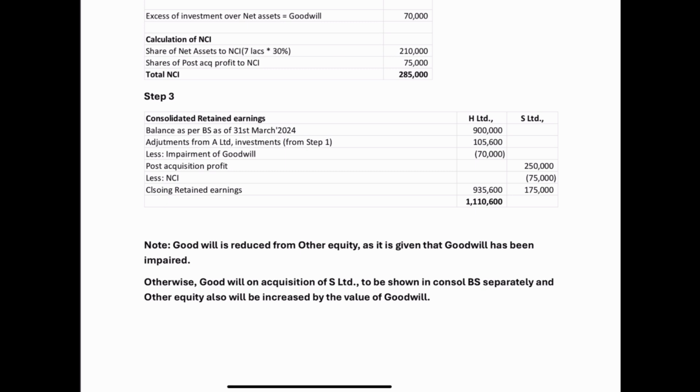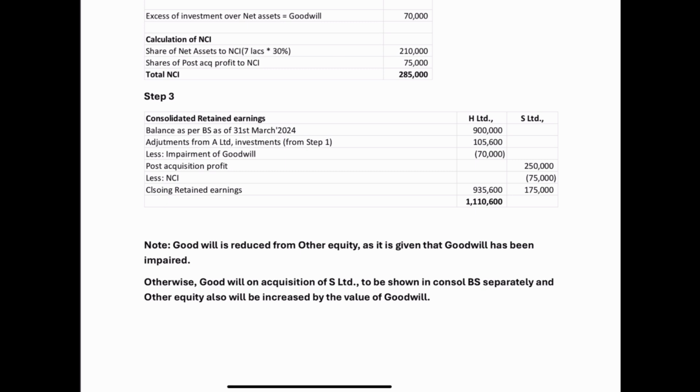So balance as per balance sheet is 9 lakh rupees, and adjustment from A Limited investment from step 1, 1,05,600. So 1,05,600 is you are going to increase the value of investment in A Limited. So to that extent, the retained earnings of H Limited also needs to be increased. So 1,05,600 should be added to the other equity.